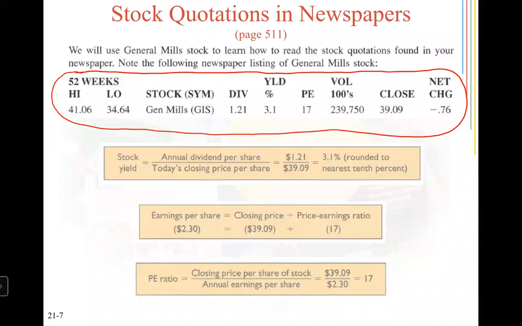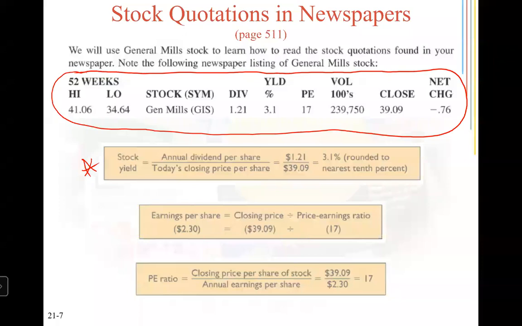Okay. Now the yield. You'll see this little chart or formula telling you how the yield is calculated. The yield is the annual dividend for the share, which in this case is $1.21, divided by the closing price.